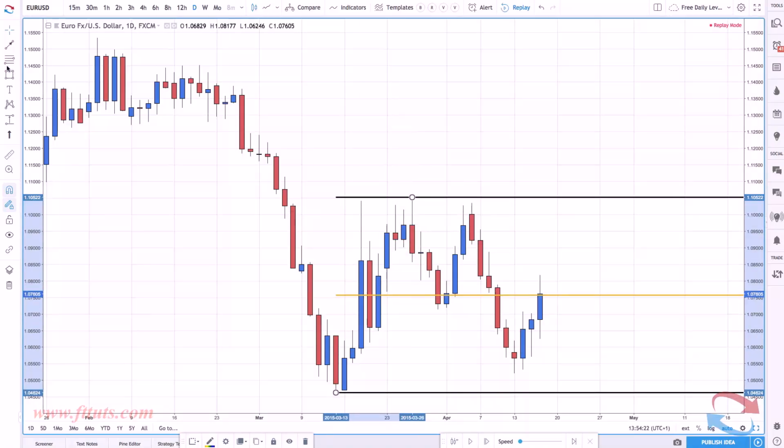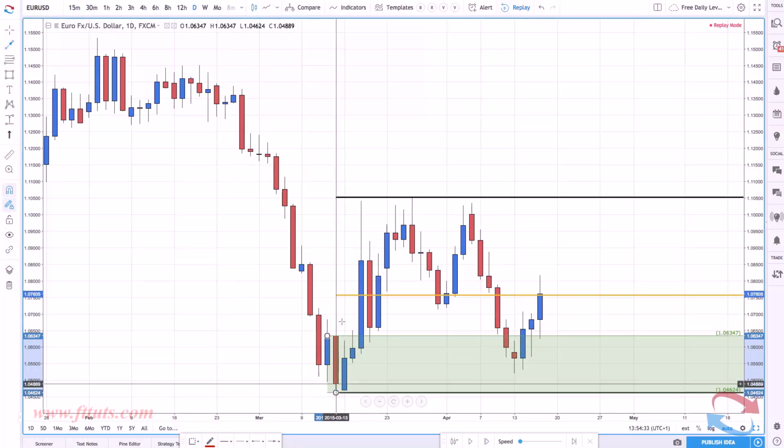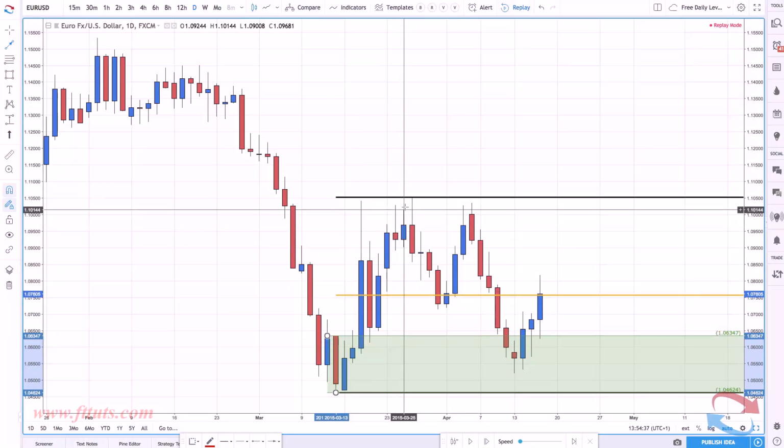We know that this is an area of demand, as prices had made this higher high, higher low, and potentially a higher high.